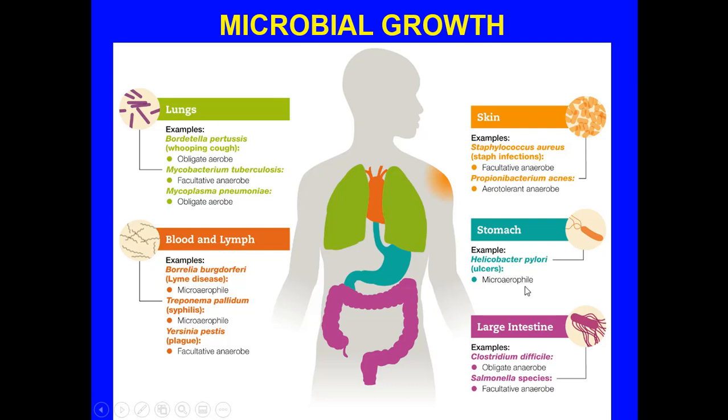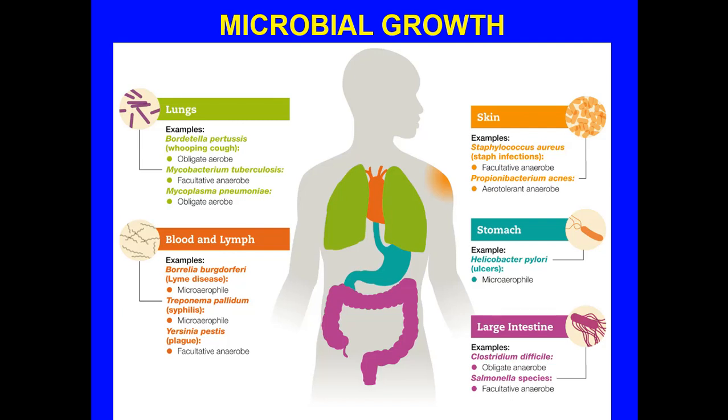In the large intestine, now think about this, there's not lots of oxygen there. So you have Clostridium difficile, which is an obligate anaerobe, and then you have the Salmonella species, which is more a facultative anaerobe. With lungs, though, Bordetella pertussis, whooping cough, is an obligate aerobe. The Mycobacterium tuberculosis is a facultative anaerobe, whereas Mycoplasma pneumoniae, that is an obligate aerobe. It's got to have oxygen.